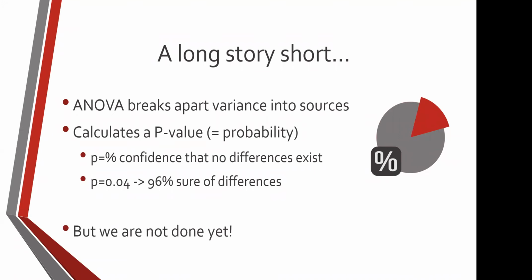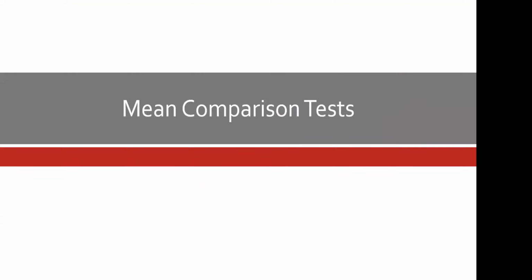But we are not done yet. We need to know which observed differences between treatments are significant and which are not. So the AOV analysis we just outlined does not provide an answer about which observed differences in treatment means are significant, just whether there is evidence that a significant difference does exist.